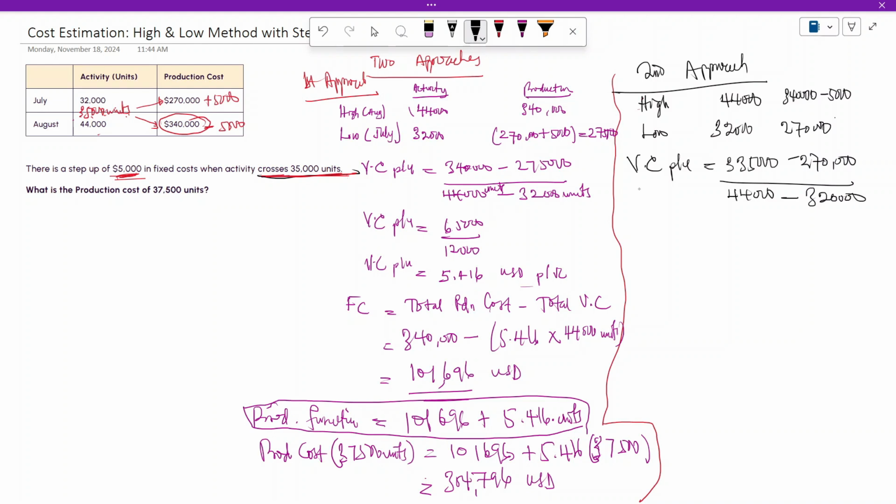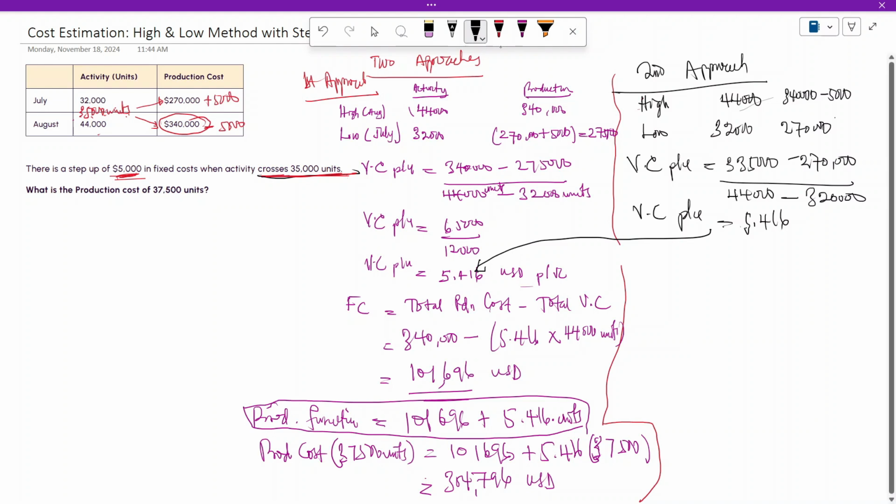So the variable cost per unit is going to give us 5.416, the same as what we got over here. Then let's go on and find the fixed cost.